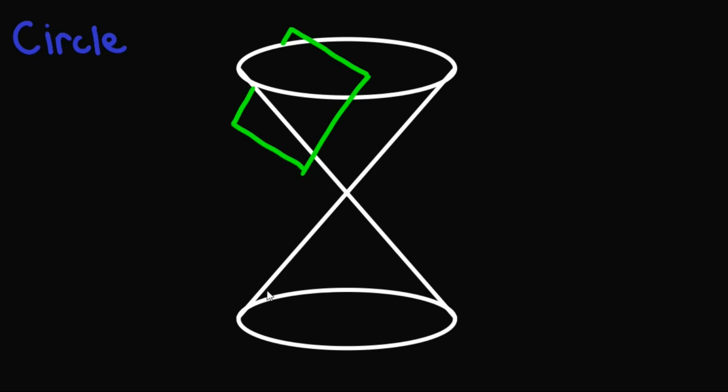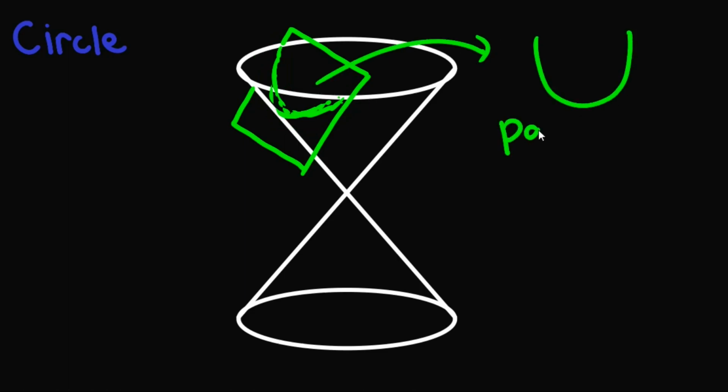So assuming that this is parallel to this one, then what would happen here is that we'll be cutting this figure something like this. And this figure here is a parabola.